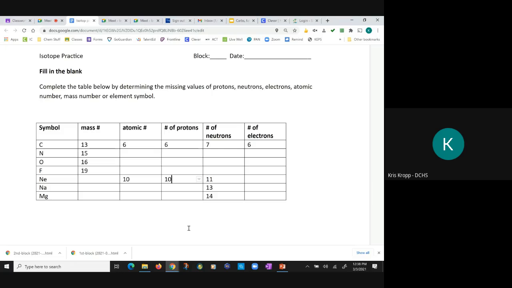Is there anything else that I can fill in? Electrons, yes, guys, very good. Let me jump over here and fill in the electrons. 10. Well done. All right, now I'm just missing this spot right here. How do I get the mass number?